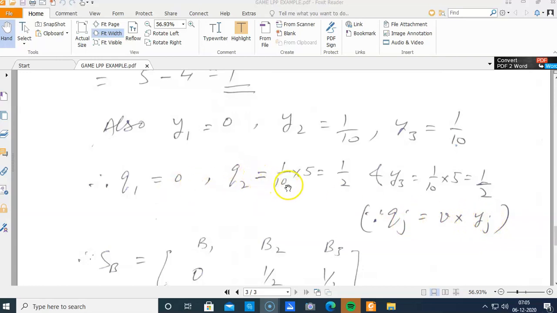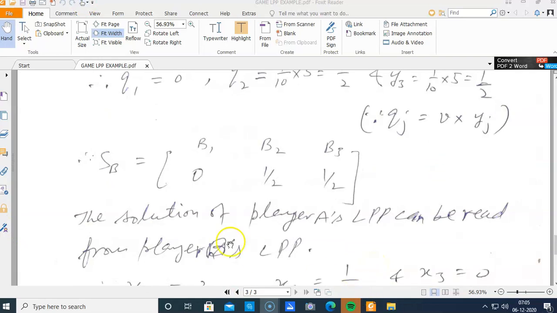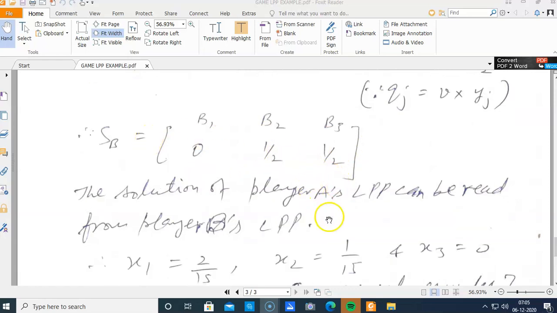Here v is 5, and we substitute y2 and y3, and we get these values. Therefore the optimal mixed strategy for player B is over B1, B2, B3, and the corresponding probabilities of choosing these strategies are provided by this LP method. So these are the probabilities, and this is the optimal strategy.